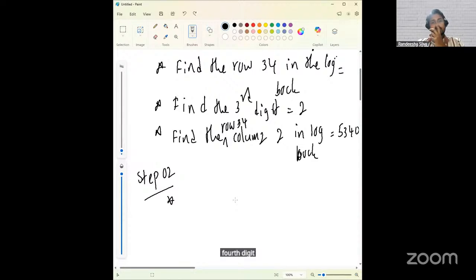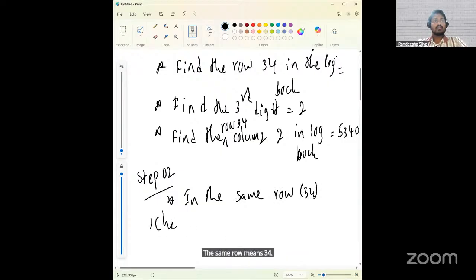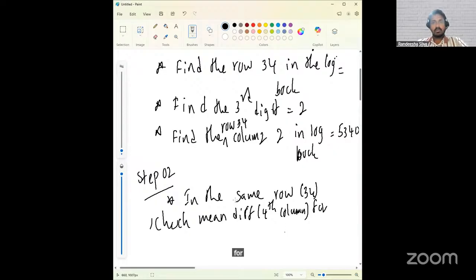So that means the mean difference column for 6. In the same row, the same row means 34. Check the mean difference, which means the fourth column, for 6. Okay, mean difference column 6.